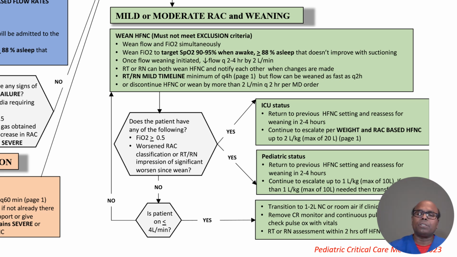The decrease happens every 2 to 4 hours by 2 liters for the flow, if tolerated, to keep the saturation. And then it gets a little bit confusing, because if the FiO2 is more than 0.5 or respiratory scores are worsening, or if the RT or RN impression is that the child is worsening, then you decide whether the patient goes to ICU status or pediatric status.